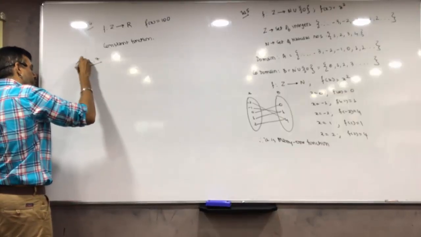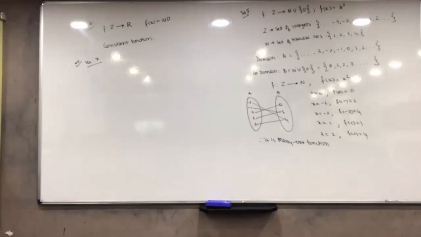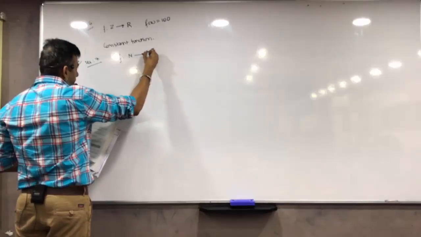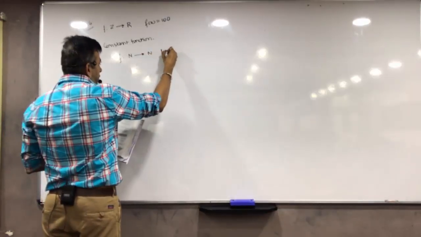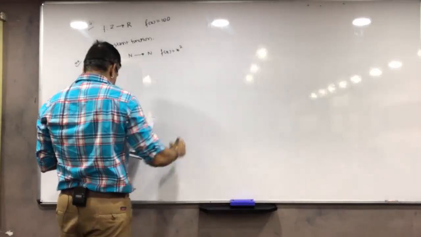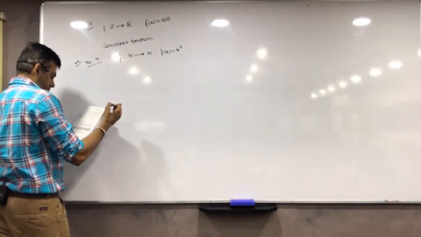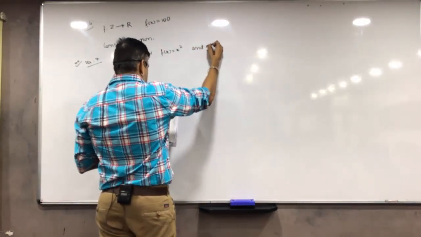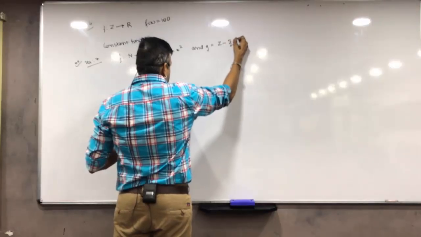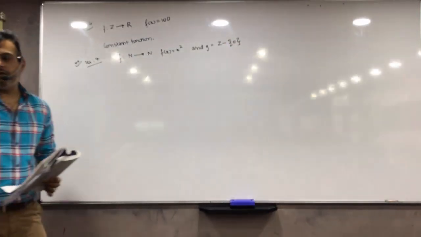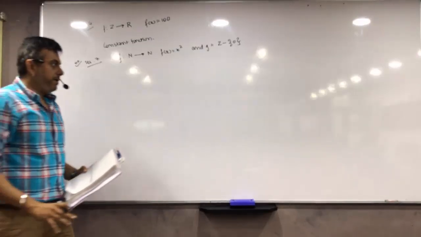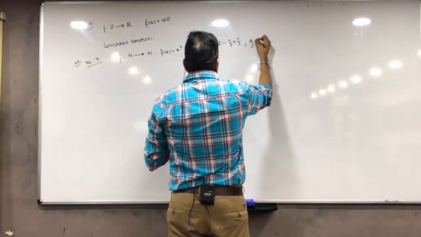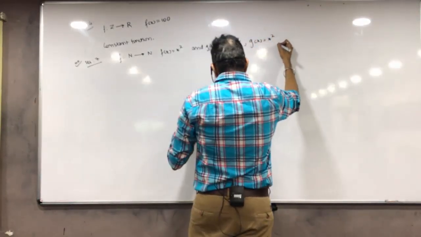Illustration 7, important. If f from set N to set N and f of x is equal to x square, and g is from Z minus 0, that is, from Z we will remove 0, then g of x is equal to x square.